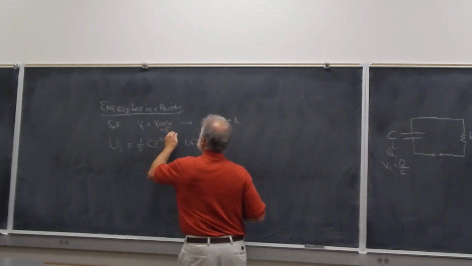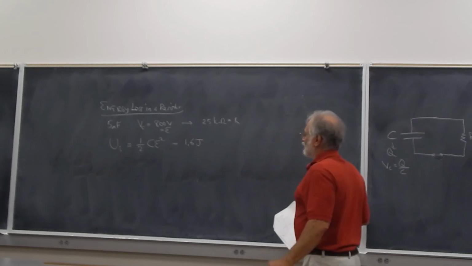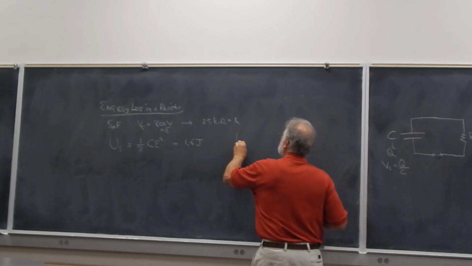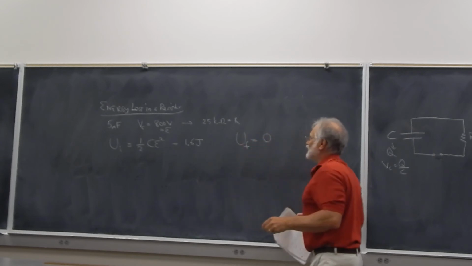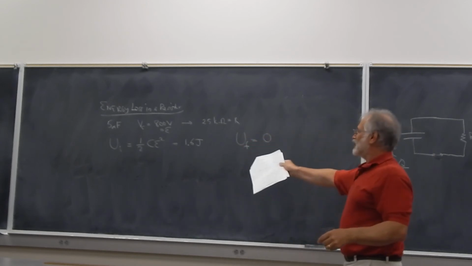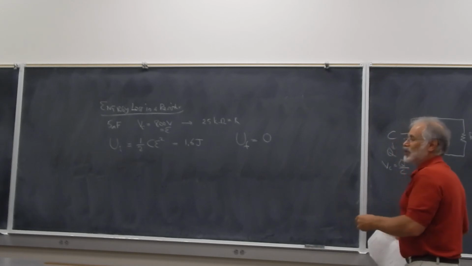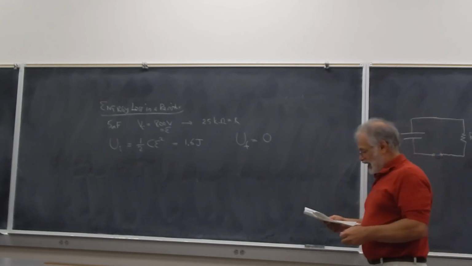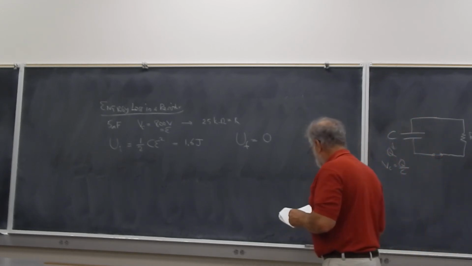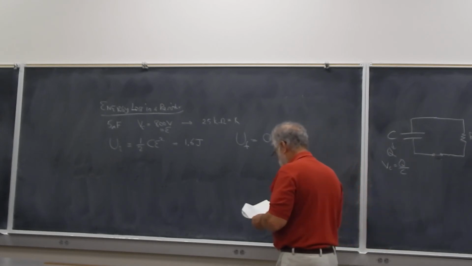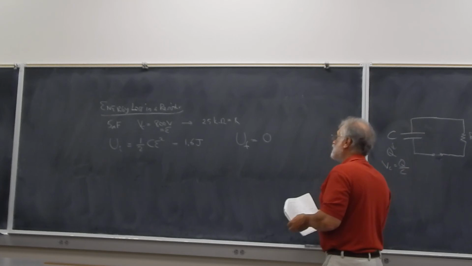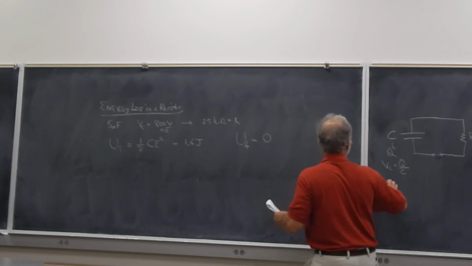Well, if that's my initial energy and I end up with no energy at all, I can say, well, of course, all of it has been dissipated. I lost 1.6 joules. And you would be correct. But it might be interesting to see another way of showing this.